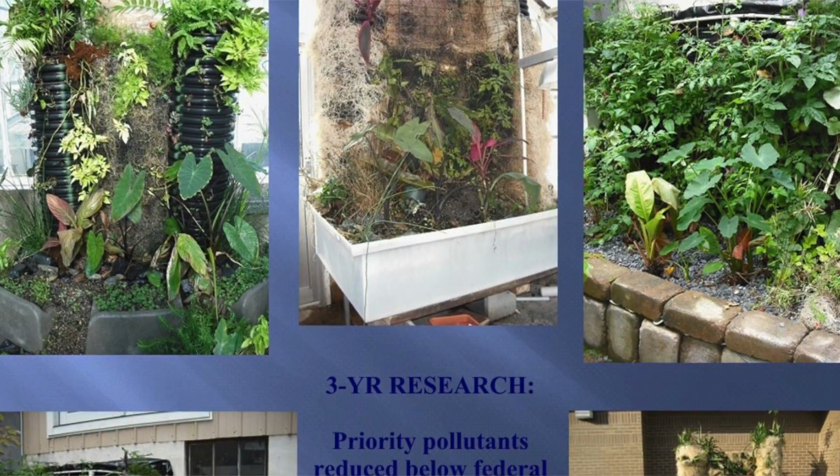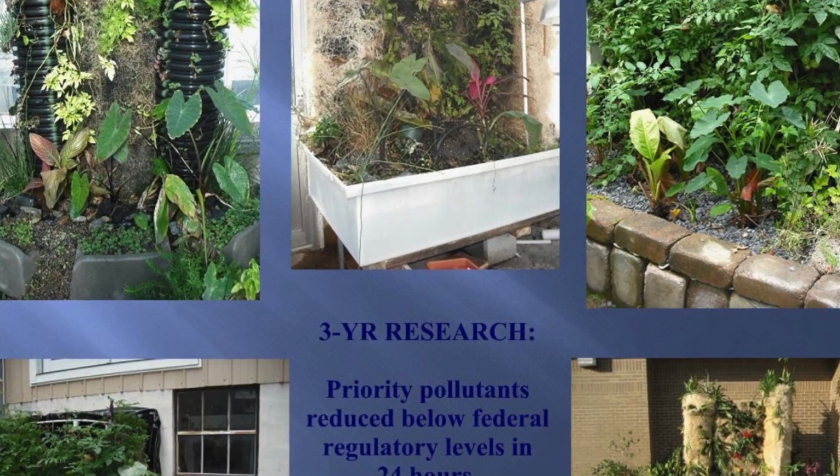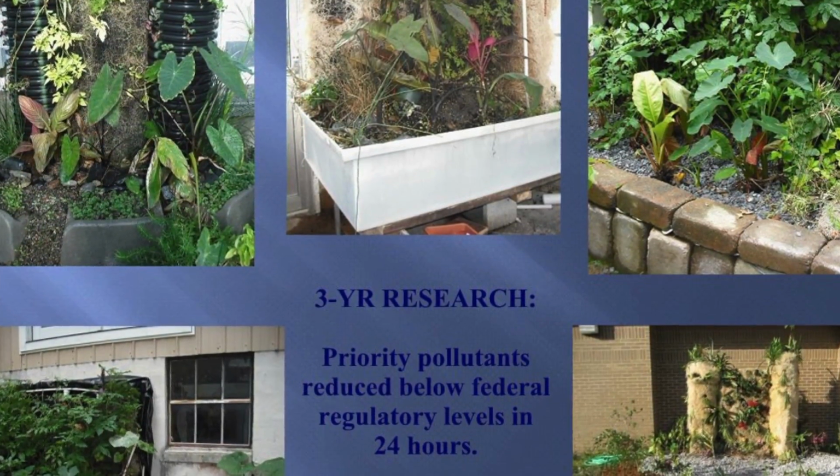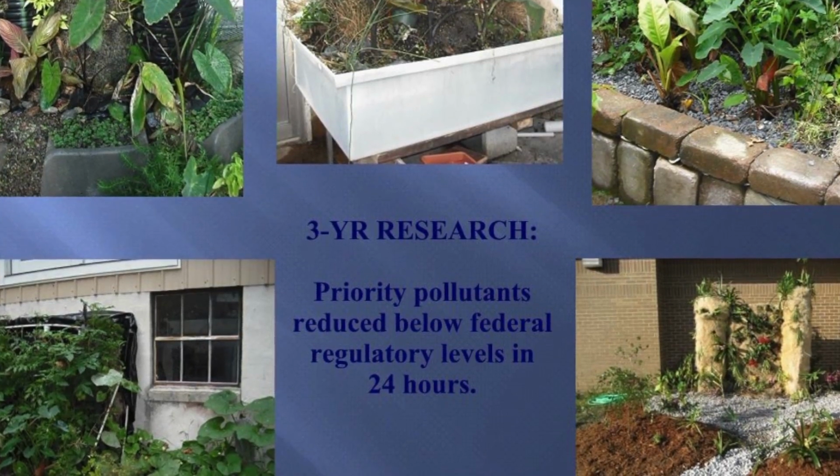Not only did we achieve NPDES permit standards, so we achieved EPA's cleanliness for water in less than 24 hours, but at the same time, the exterior temperatures of the buildings were reduced by up to 68%. That's important, especially from an urban heat island effect.